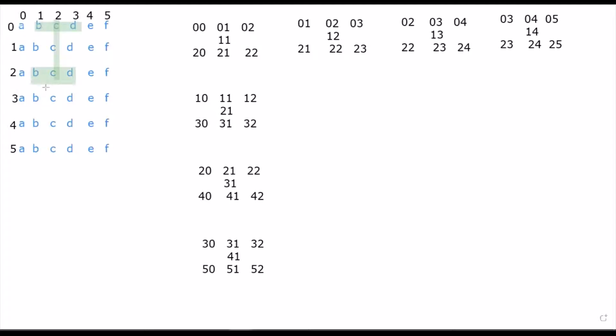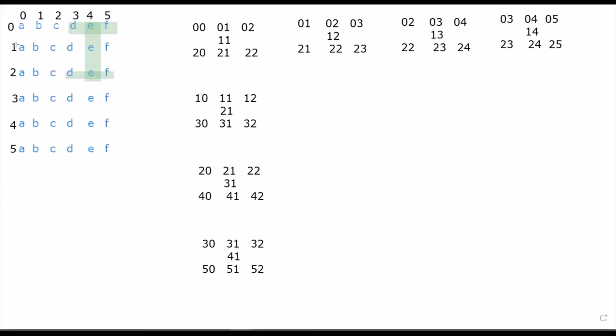Similarly, this is the second hourglass, and the corresponding index of each element is written here. This is the third hourglass and the corresponding index is written here. This is the fourth hourglass, and the corresponding index is written here. And now this will be the last hourglass starting from the first row. As you can see, only 4 hourglasses are possible.